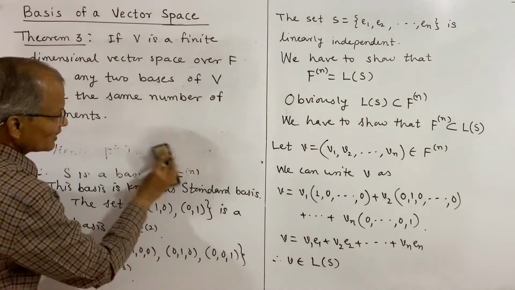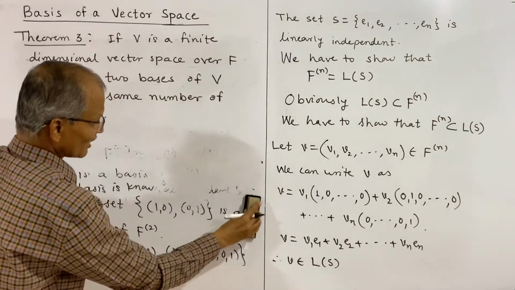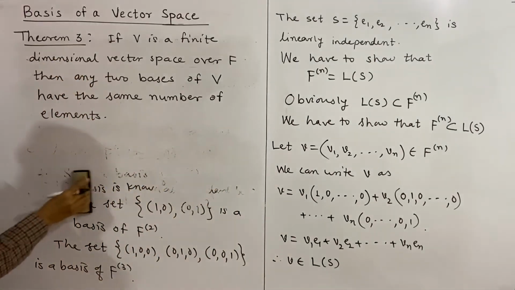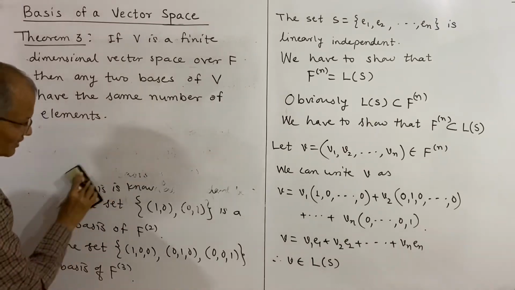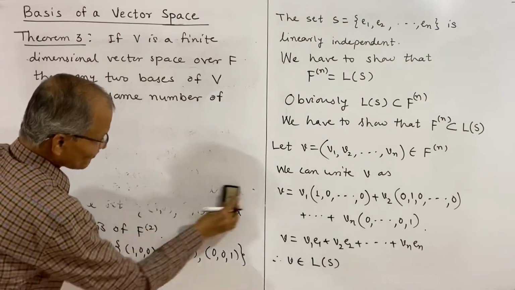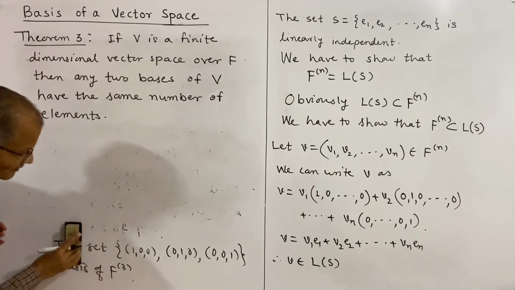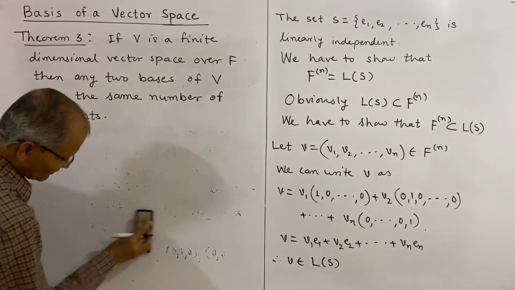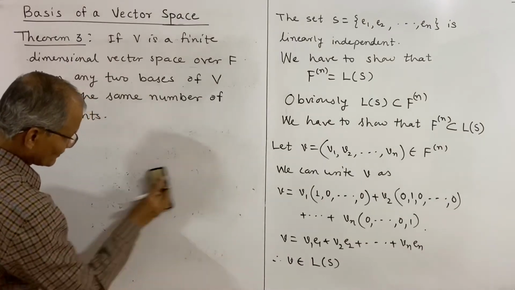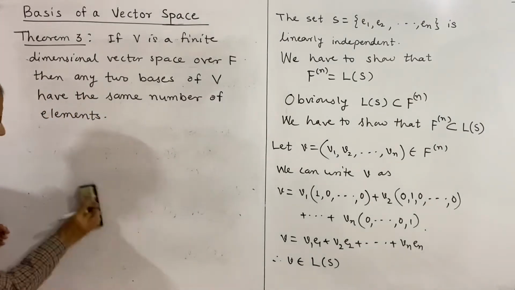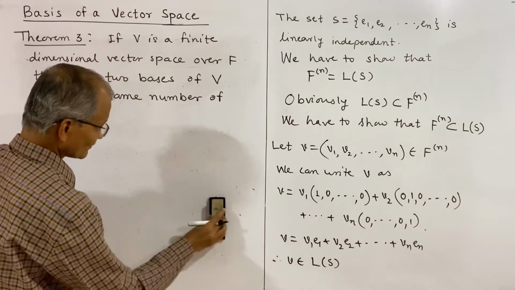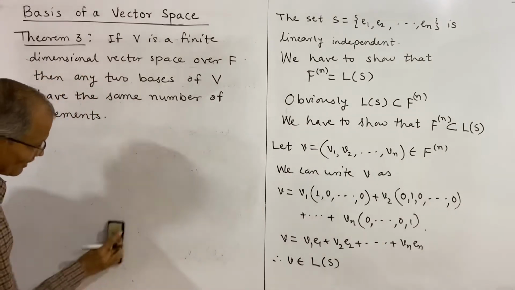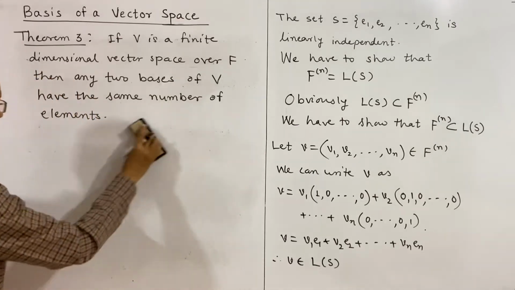So how to prove the theorem? We will assume that there are two bases of V, and then we shall show the two bases will have the same number of elements. So we shall prove the result now.